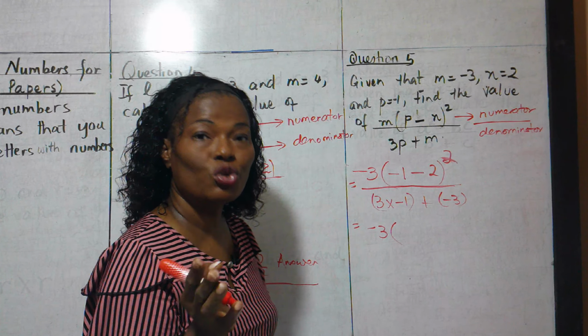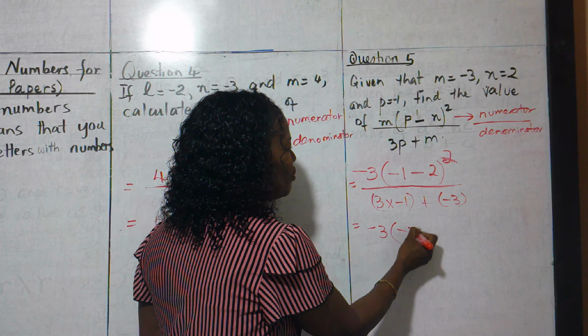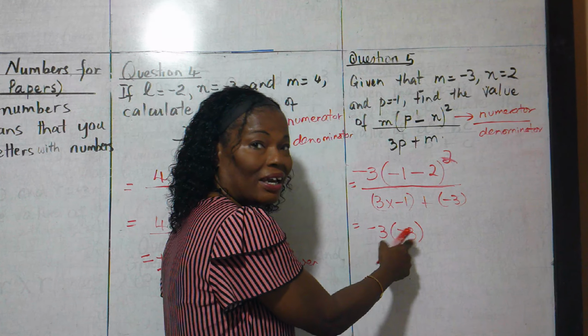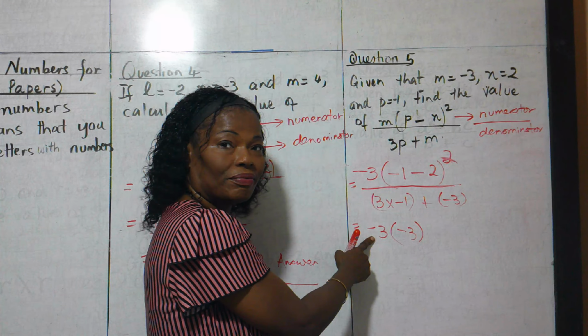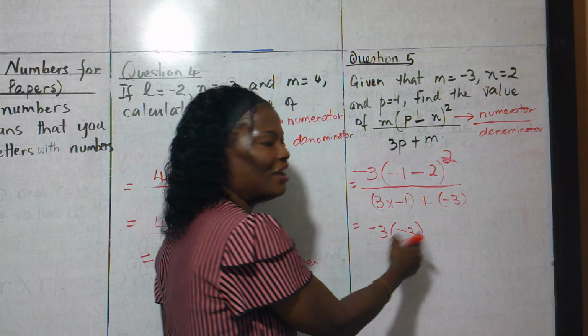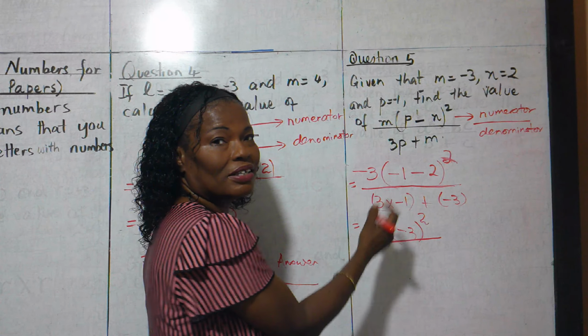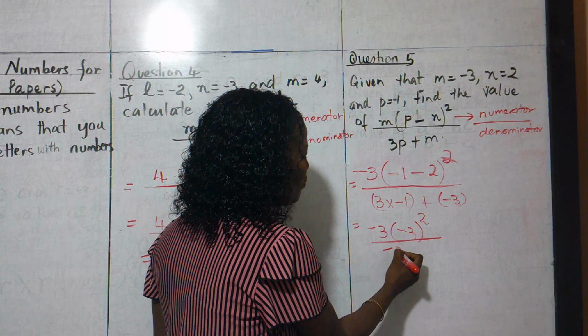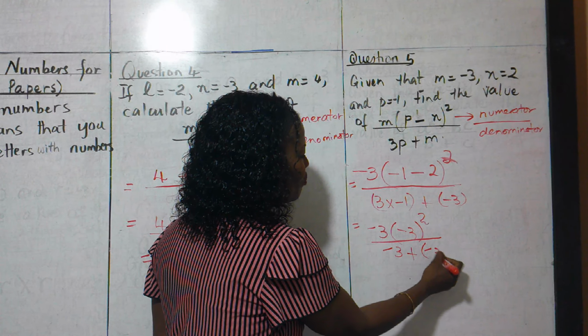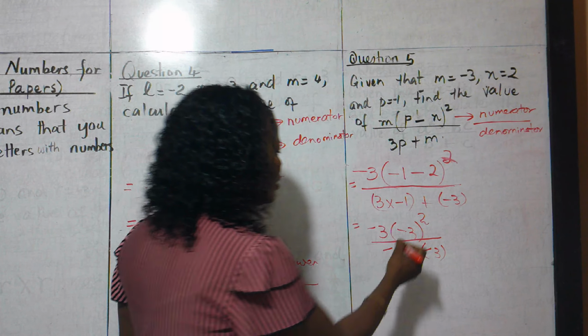-1 minus 2 is -3. And this -3, not this one, is raised to the second power. 3 times -1 is -3 plus -3. So what's the final answer now?